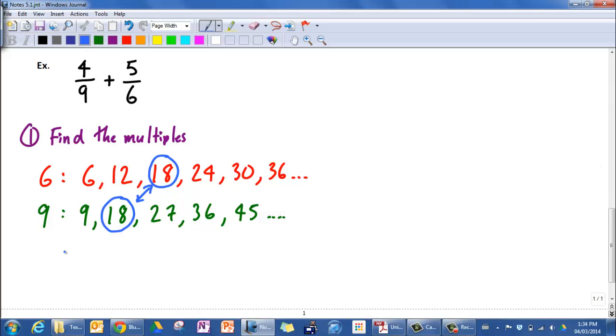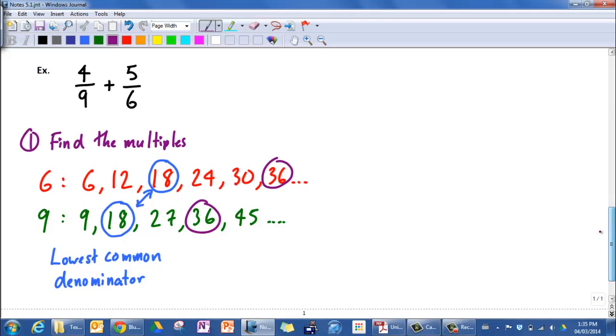Because it's the smallest one that exists, we call this our lowest common denominator. And you may have noticed that later on 36 comes up again. We could use that, but it just makes things a little bit more complicated.